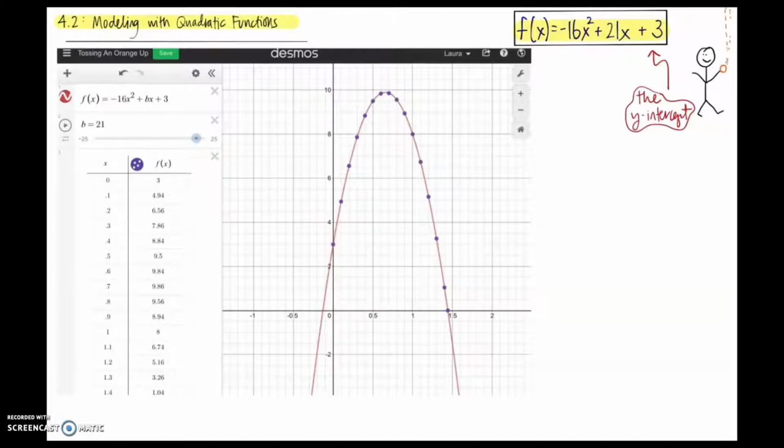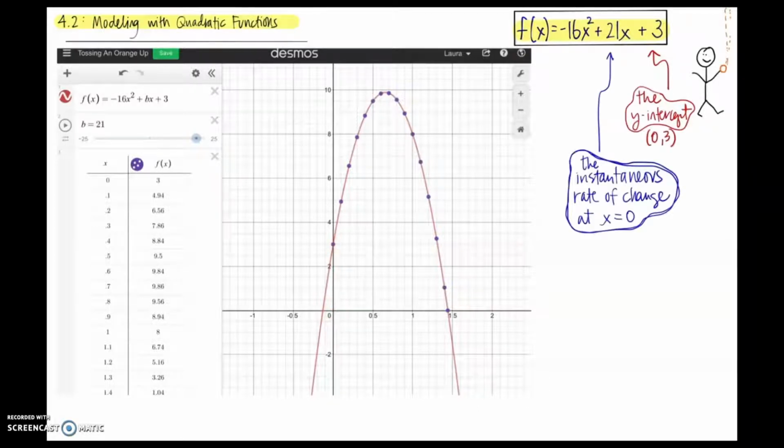You can think of it as the slope of the function at that initial value of x equals 0. So this 21 was representing the instantaneous rate of change at x equals 0. And this negative 16 has a significance too. We'll talk about that in a minute.